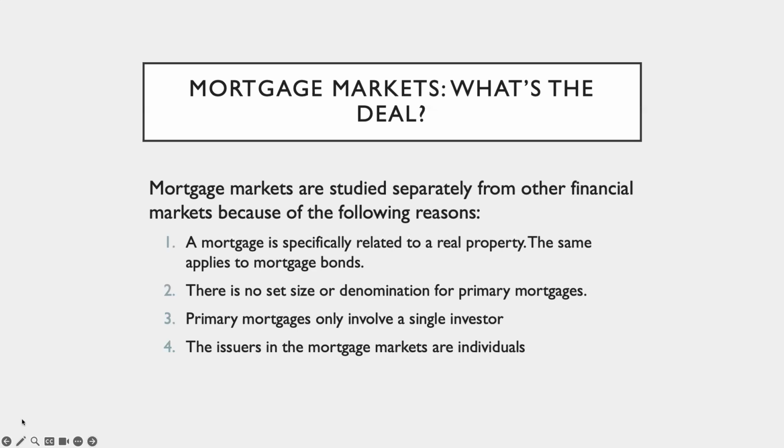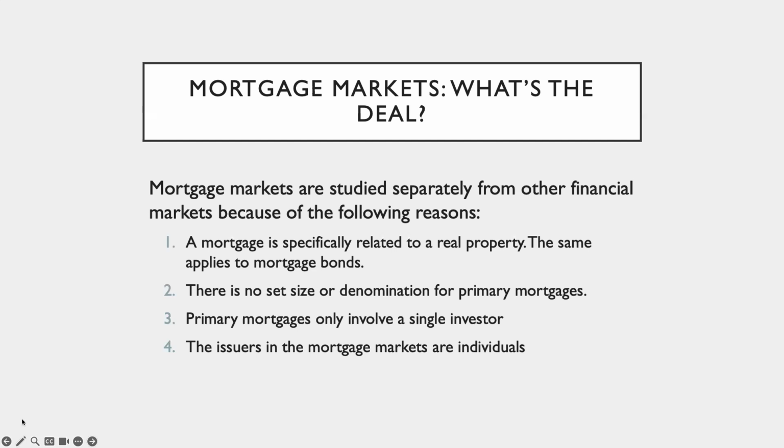Unlike when you are talking to bond holders or shareholders, because you have to talk to multiple people because they have many different investors. In the mortgage market, you only talk to one buyer, and the buyer only talks to one financial institution to close the deal. It's either he goes to a bank or a mortgage company to close a mortgage deal.